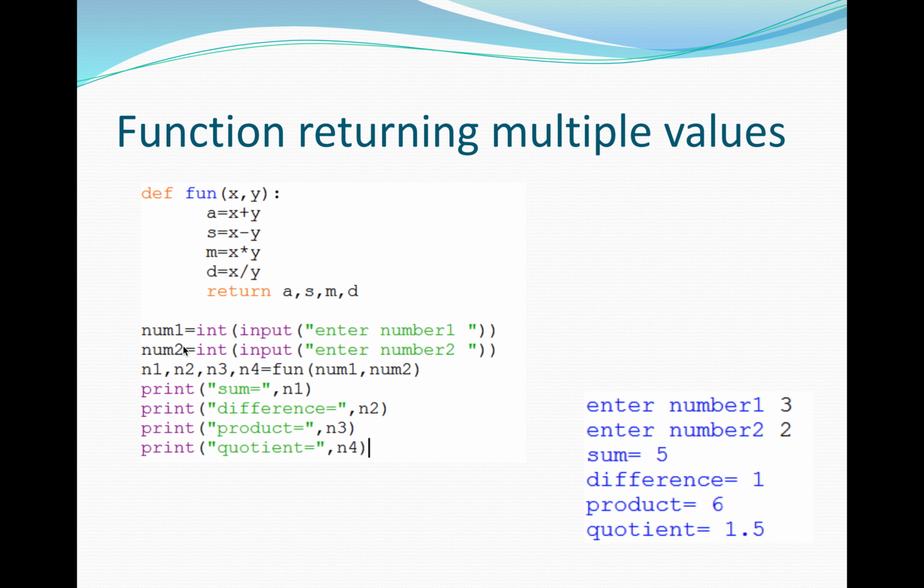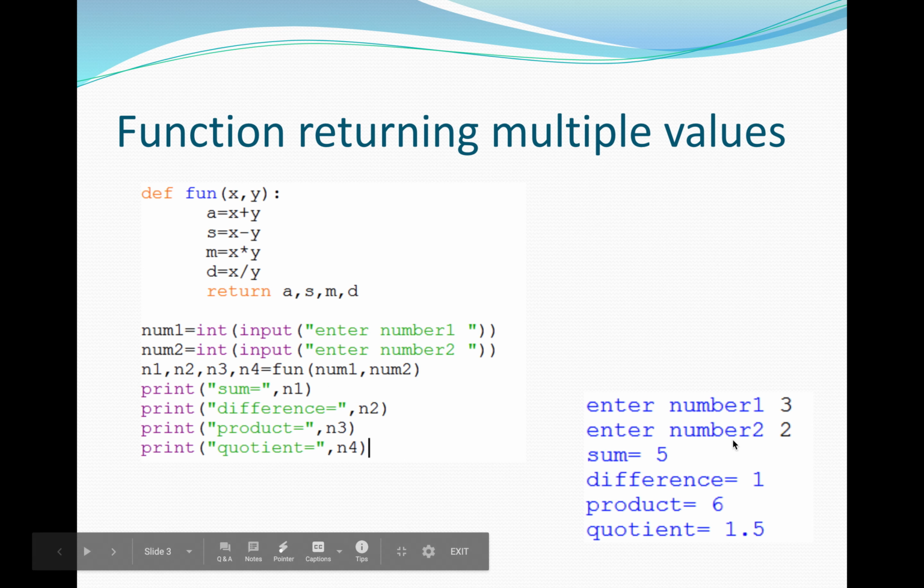Then in the function call, two values are passing. After calculating, it returns 4 values, so 4 variables are used for getting the 4 return values. Here a is stored to n1, the value of s is stored to n2, the value of m is stored to n3, and the value of d is stored to n4. Then we are just displaying the result. So you will get the output like this.